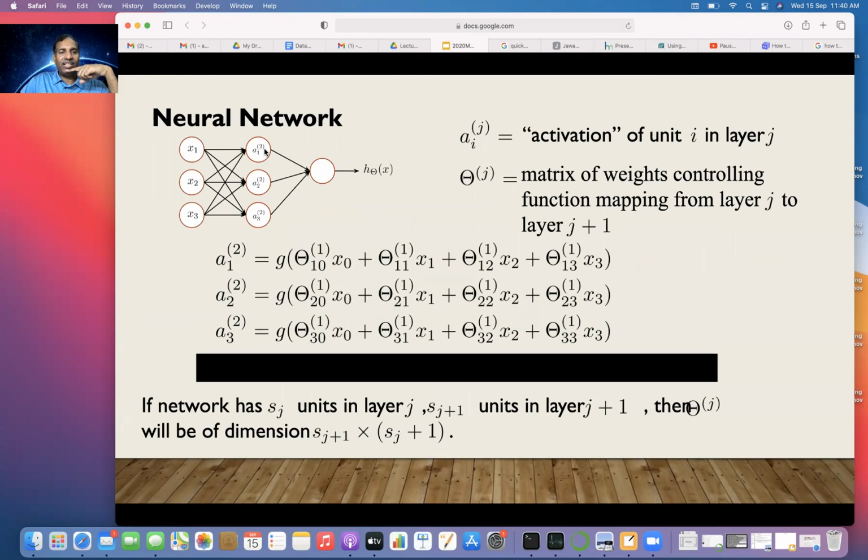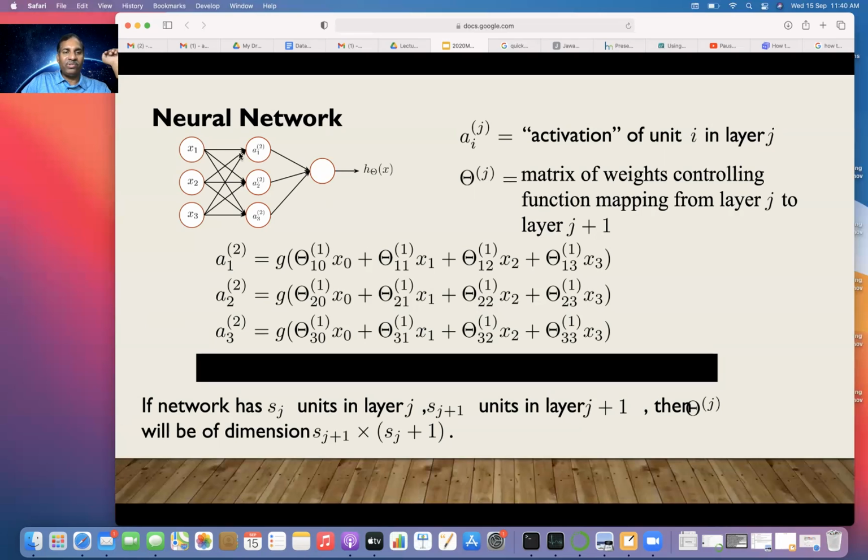This is the second layer activation unit A1. So to get A1, you will use the same linear regression hypothesis. But earlier, only one output was there in linear regression. So you are computing only one A1 there. That is the output, and whatever value you get, you give as the output value.